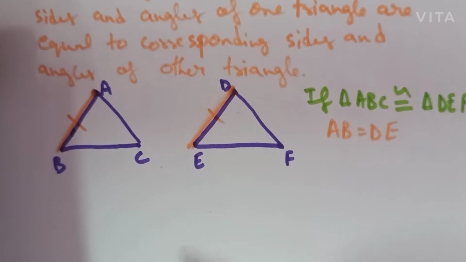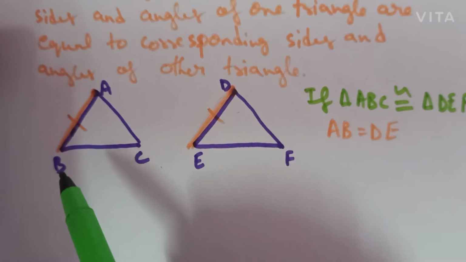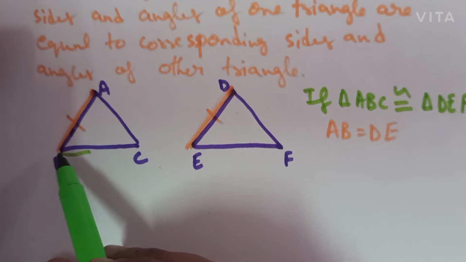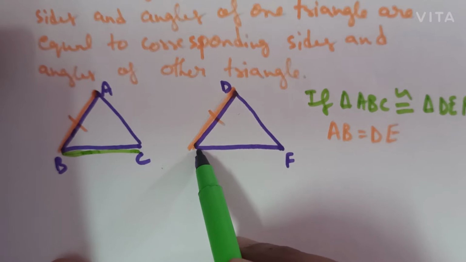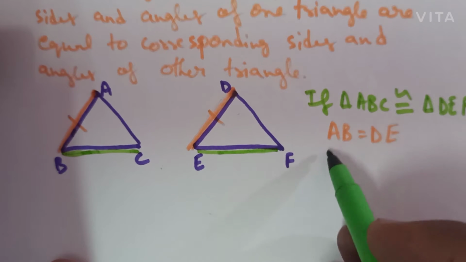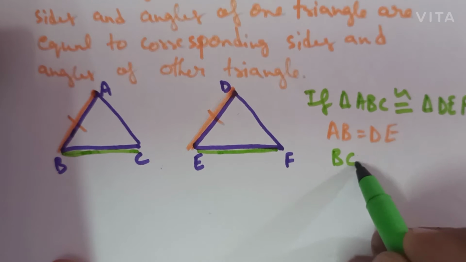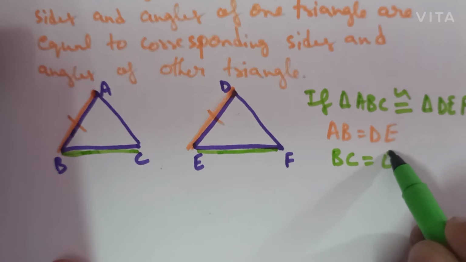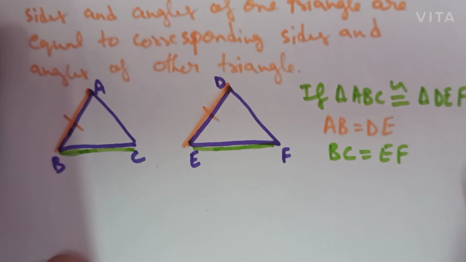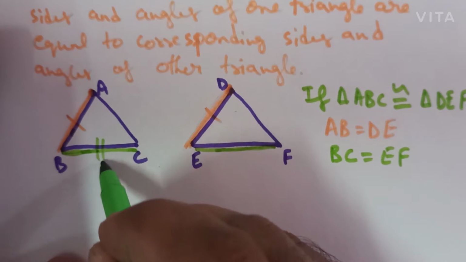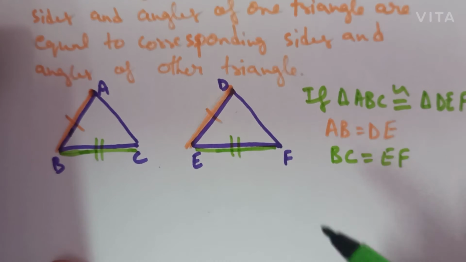Similarly, if we move from B to C and from E to F in this triangle, side BC is equal to the corresponding side EF of triangle DEF, means this side is equal to this side.